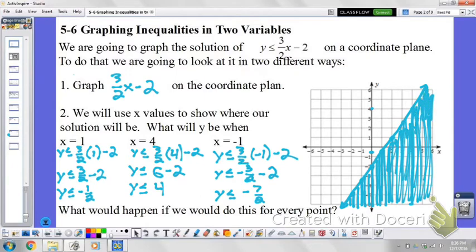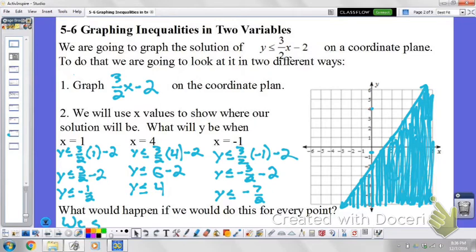And that shows all of the points, all the x, y coordinates that I can substitute into my inequality, y is less than or equal to 3/2 x minus 2. That will make that a true inequality. So what would happen if we were to do this at every point?